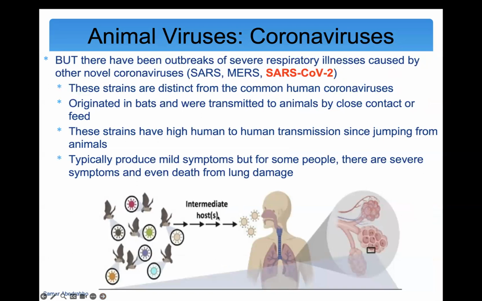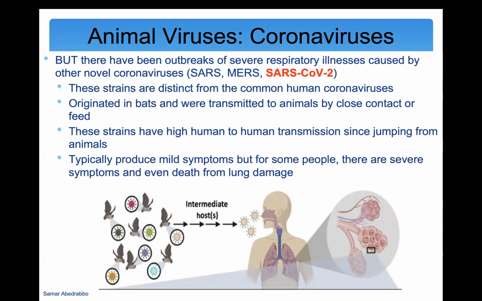Okay, so here's more information on it. COVID symptoms can be mild, they can be severe, and the way to control it is through vaccines, and we'll talk about that. But talking more about the virus, it originated in bats and was transmitted to animals. When we go from one species to another, this is called jumping species.